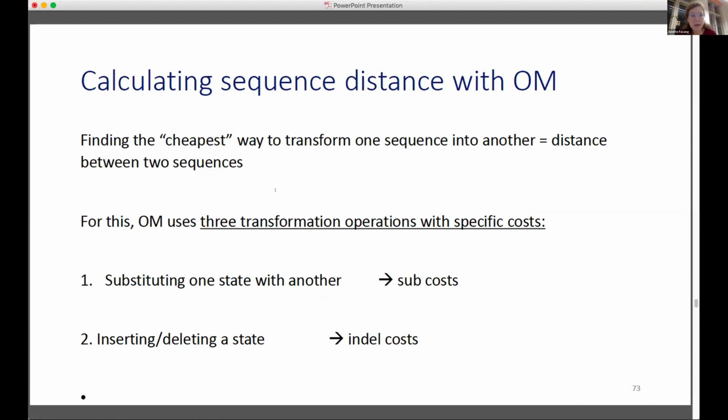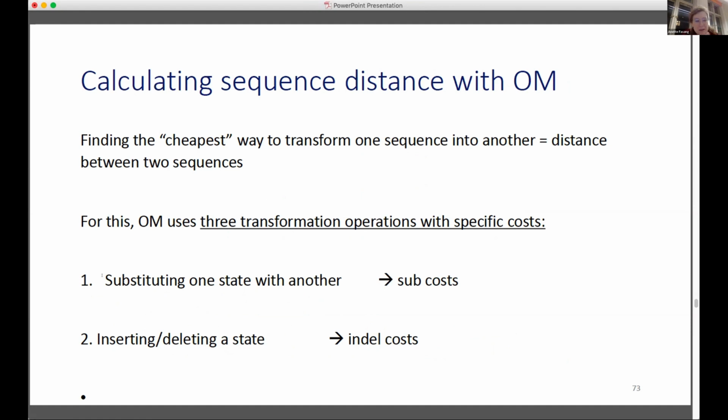Now, how does optimal matching actually calculate these distances? As I said, the logic is to find the cheapest way to transform one into the other. And for this, optimal matching uses 3 so-called transformation operations. So there are 3 things I can do to make one sequence more similar to the other.